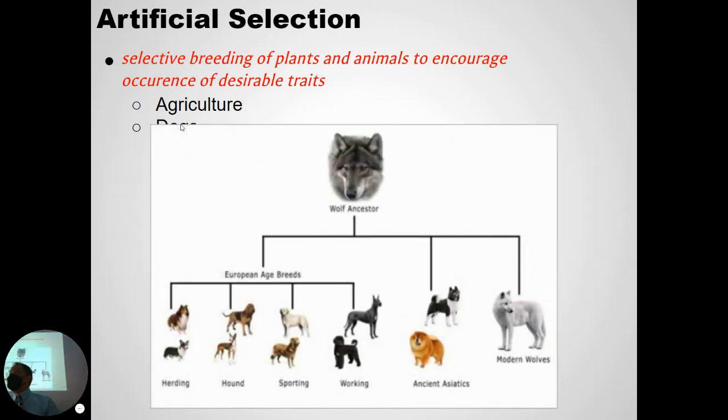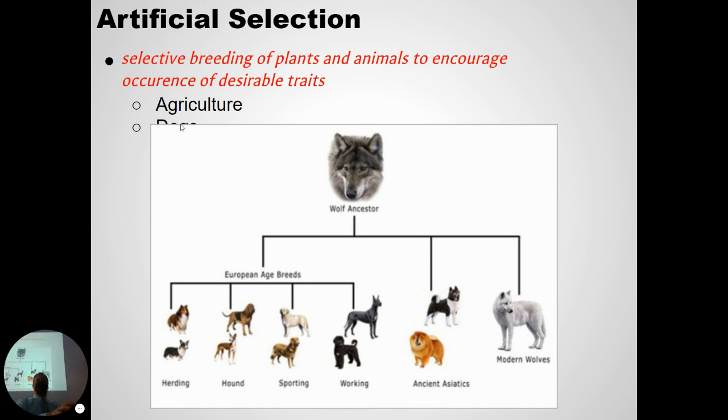We did it with dogs as well. All modern dog breeds evolved from the ancestor of dogs, the wolf. If you take this generic wolf ancestor, humans can take the smallest of those animals and allow them to breed together.